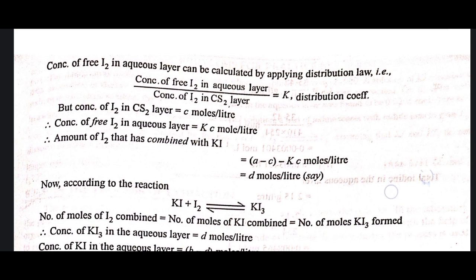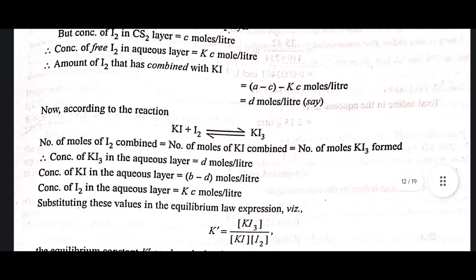Now, according to the reaction, KI plus I2 gives KI3. The number of moles of I2 combined is equal to the number of moles of KI combined, which is equal to the number of moles of KI3 formed. Therefore, the concentration of KI3 in the aqueous layer is equal to T moles per liter.